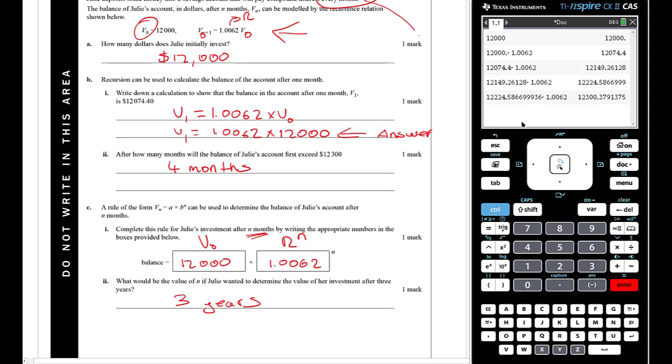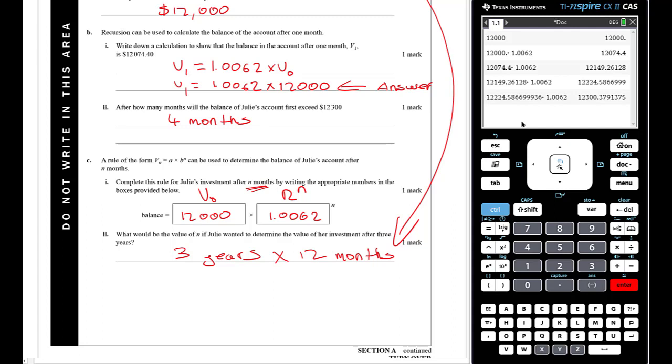So that helps you out here. It's 3 years, but I'm compounding monthly, so I'm going to multiply it by 12 months, because 1 year has 12 months. So it's going to be 3 times 12. The n will equal 3 times 12, so it's a bit clearer, equals 36. Okay, that's how you do that question.